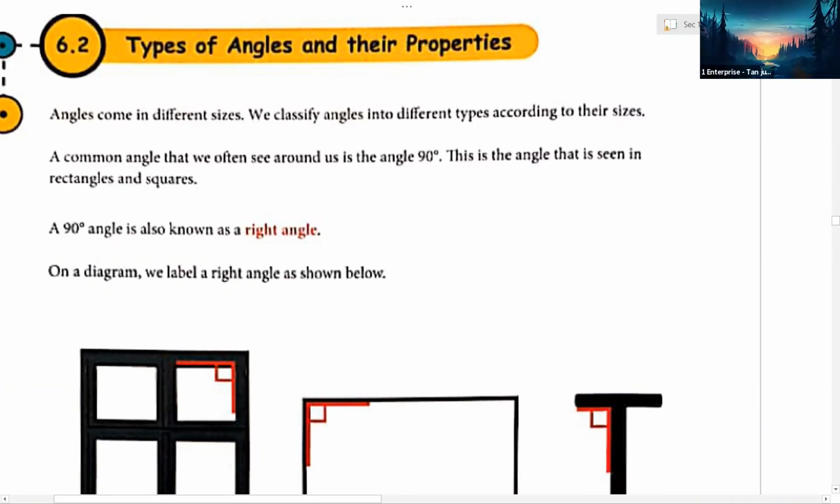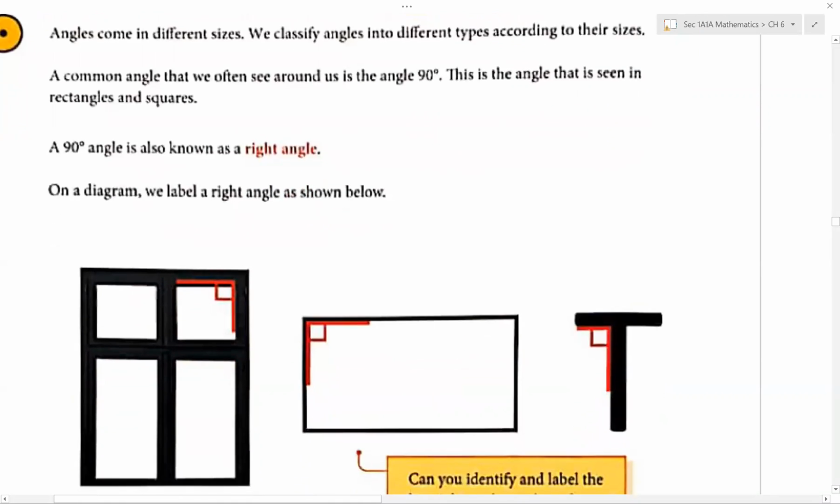Let's choose somebody. Marilyn, can you unmute yourself? Okay, Marilyn. What is the size of a right angle? How many degrees is it? 90 degrees. Very good. So as long as it's 90 degrees, it is called a right angle.